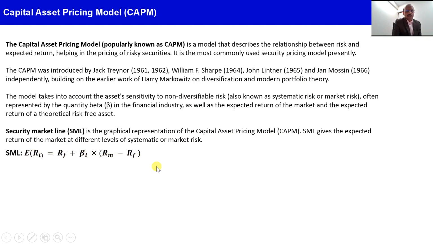Rm minus Rf is the difference between the market rate of return and the risk-free rate of return, called the market risk premium. If you multiply the market risk premium by the respective beta, you get the total value of the risk premium an investor requires to have that asset in their portfolio.